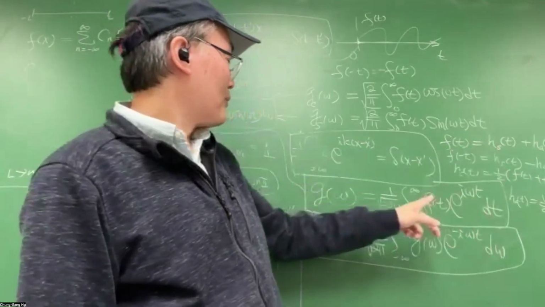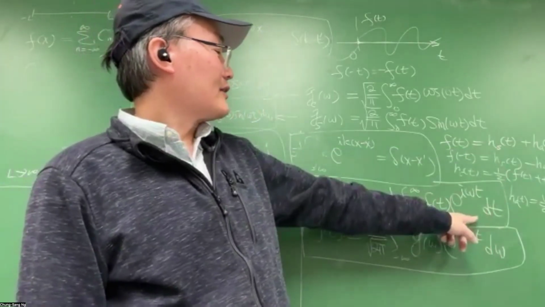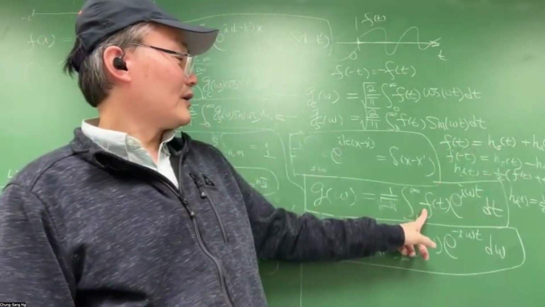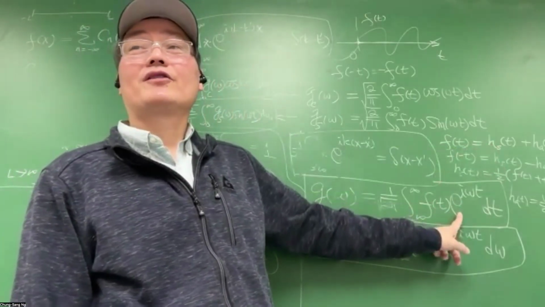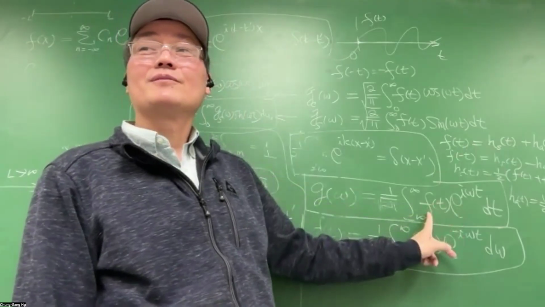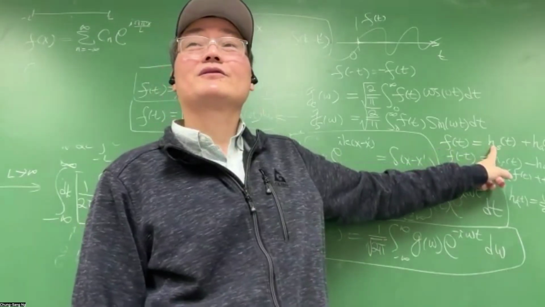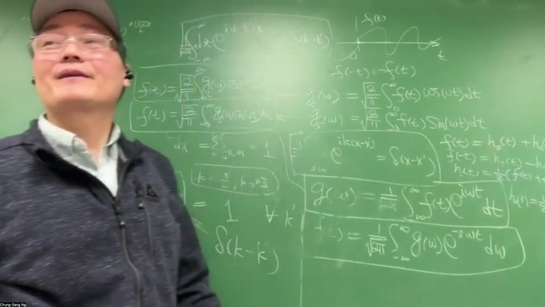Because x sub s is explicitly defined as a symmetric function, you only pick up the cosine part of the exponential function.